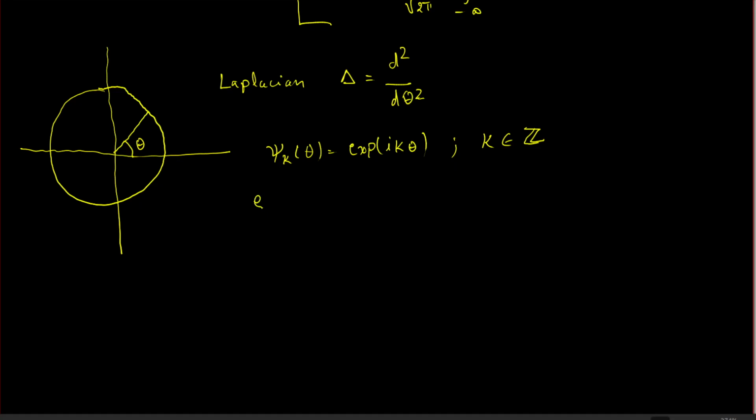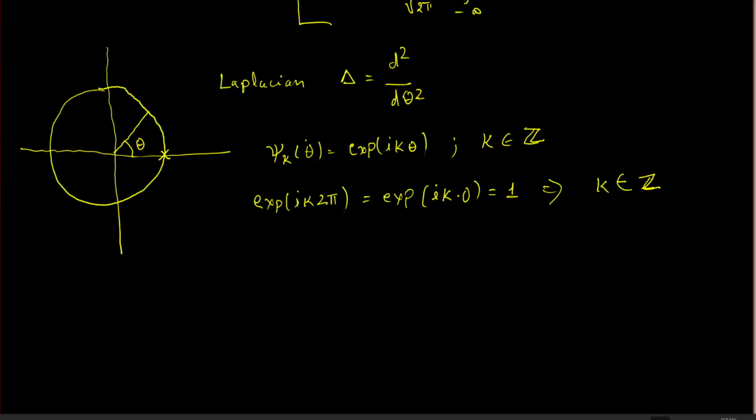So the value of this function at theta equal to 2 pi must be the same as its value at theta equal to 0, because theta equal to 0 and theta equal to 2 pi refer to the same point. So these two values must be the same. This implies k must be an integer.